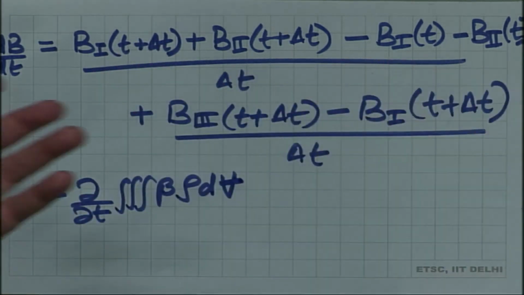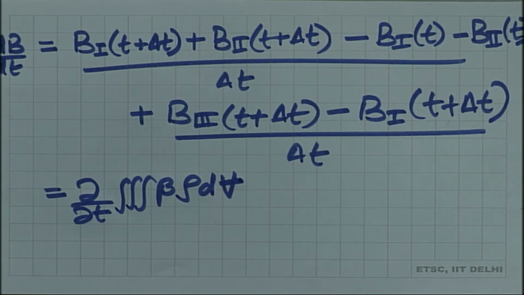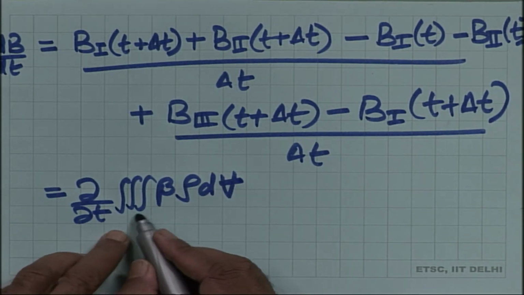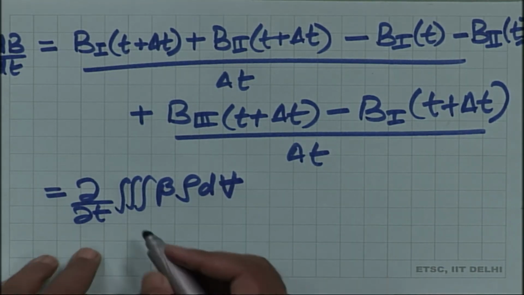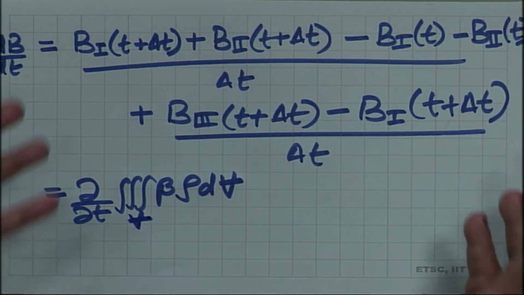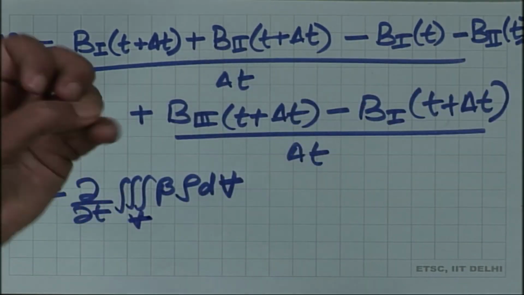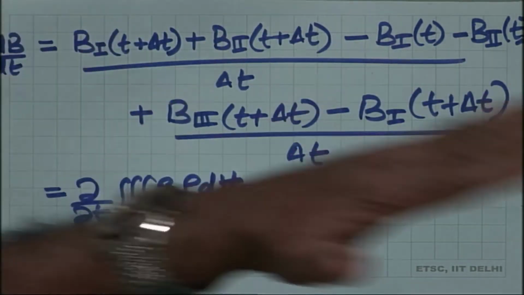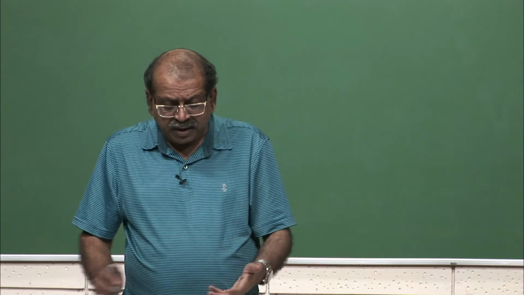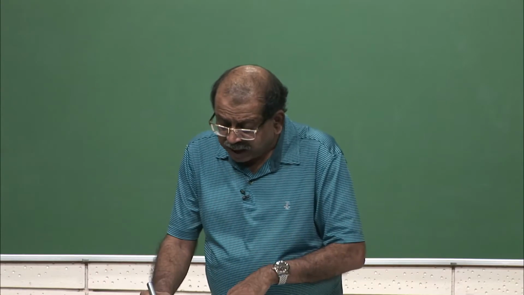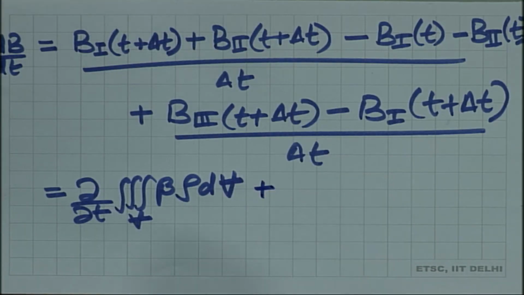This quantity, as I said, B1 plus B2 tells us what is B inside the control volume, that is nothing but the integral of beta rho dV in the control volume, and because I have taken the difference at time t plus delta t minus t divided by delta t, I will get the derivative. And then I have these 2 terms, B3 at t plus delta t minus B1 at t plus delta t.